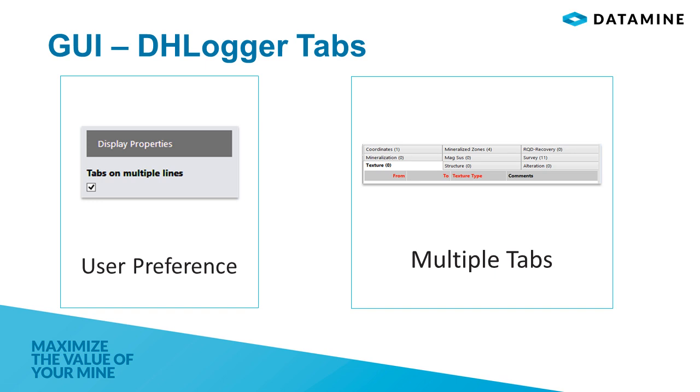And so what we've done is added a local preference, a display preference, where you can have the tabs spill onto multiple lines. And so what we can see now is that all the tabs that are available to my logging style will appear on the one screen. So we can click through now onto the tabs that we want to see.